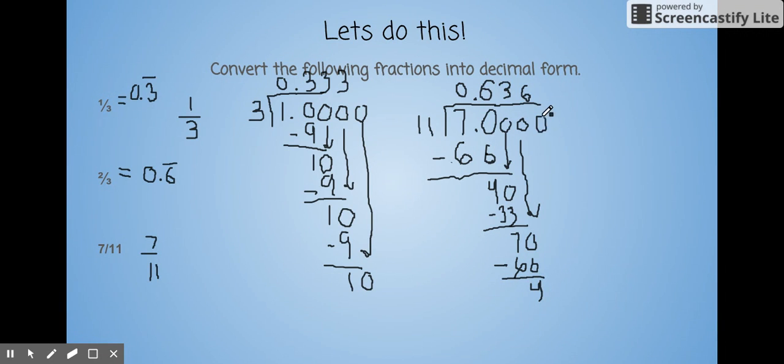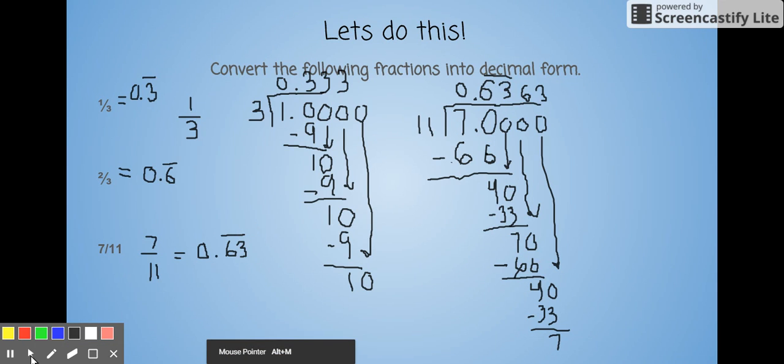Bring down a 0, and I have 40. 11 can go into 40, we had this before too, 3 times, and that would be 33. Subtract, we get another 7, which is going to be 70. So you should start seeing a pattern. Here I have the 6-3 that is repeating. So this is equivalent to 0.63 repeating.